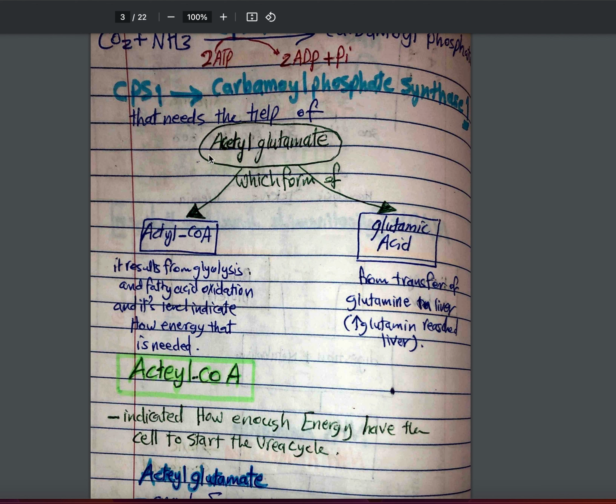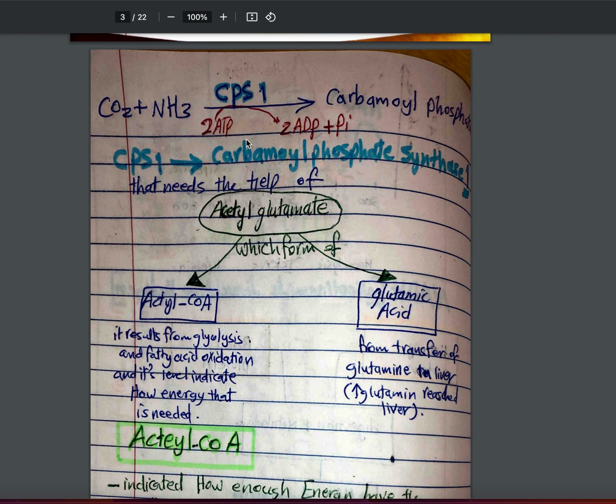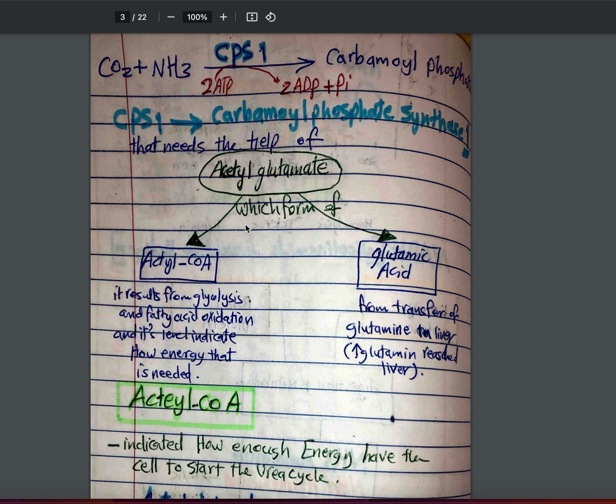So again, acetylglutamate, which is a cofactor for this reaction, is composed of acetyl coenzyme A, which results from glycolysis and fatty acid oxidation and indicates how much energy is needed, and glutamic acid, which results from glutamine synthesized by the liver.